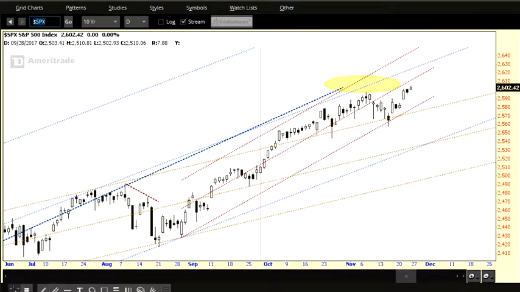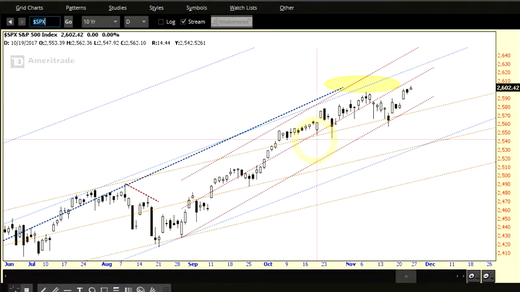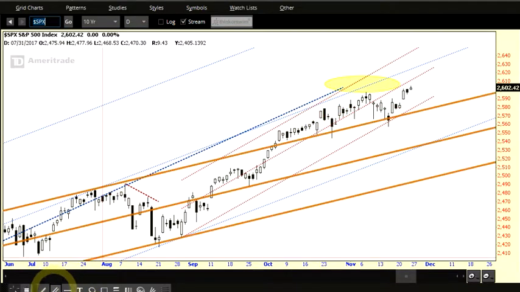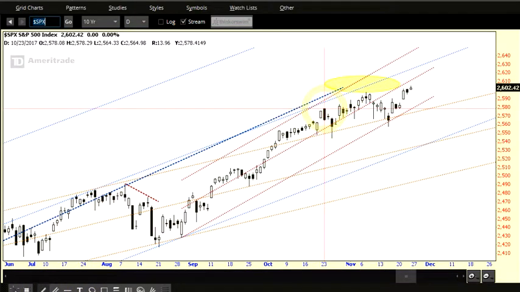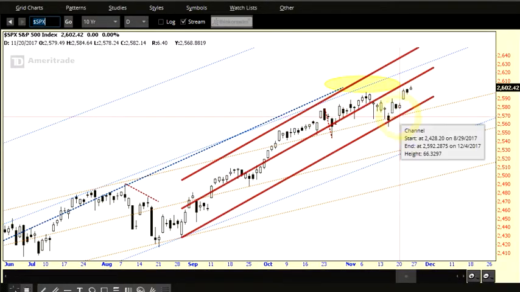The next pullback, which was right here, you can see that was about 34 points, and it only took about 1.5 days. And then the most recent.